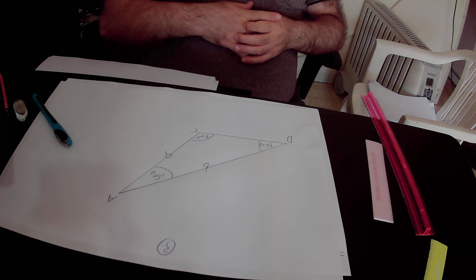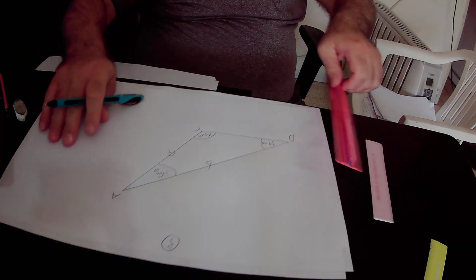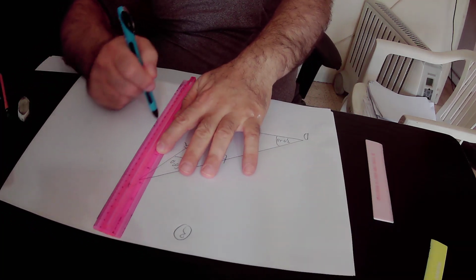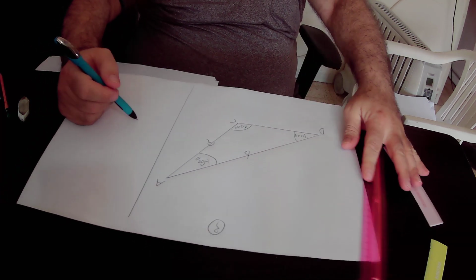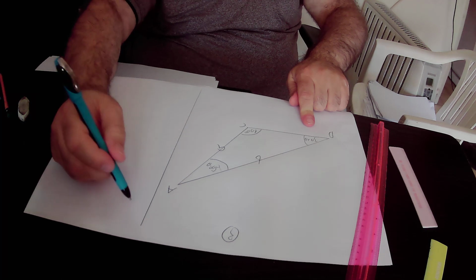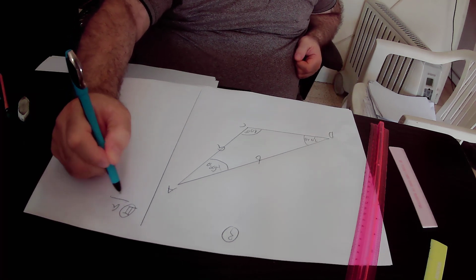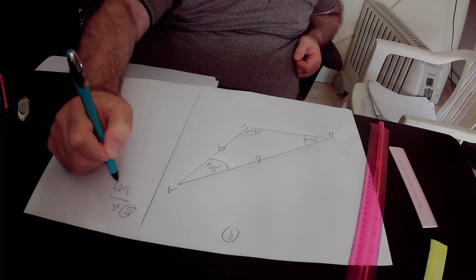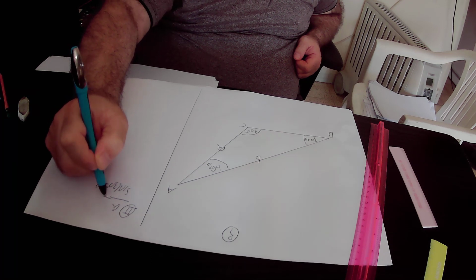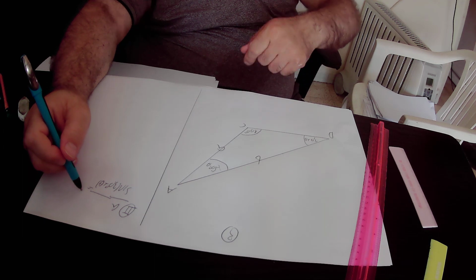So according to the law of sines, A over sine of 30 degrees plus theta equals B over sine of 100 degrees.